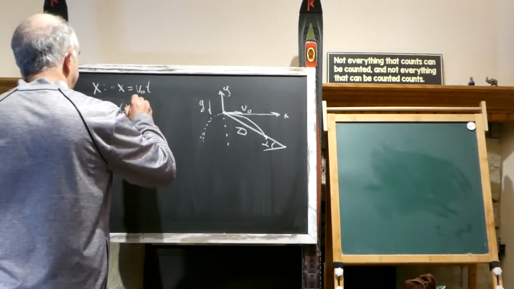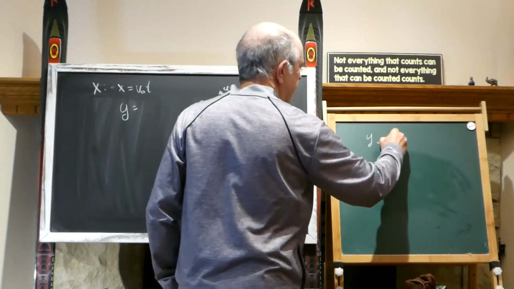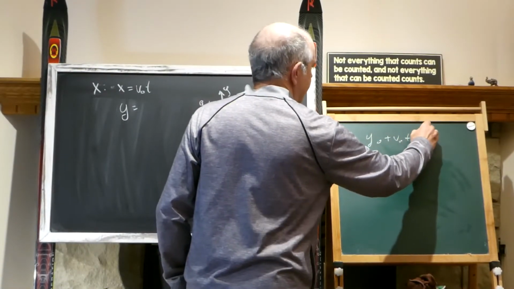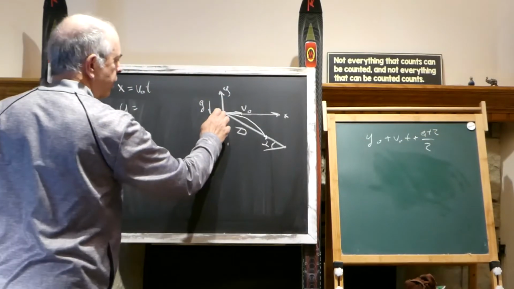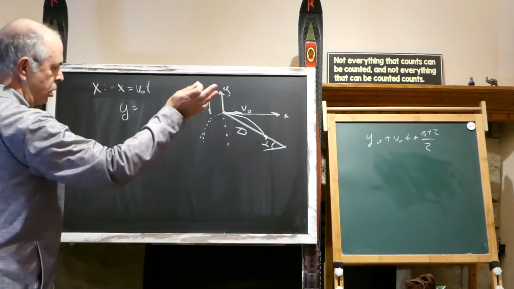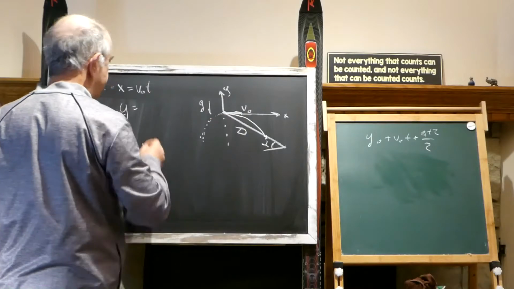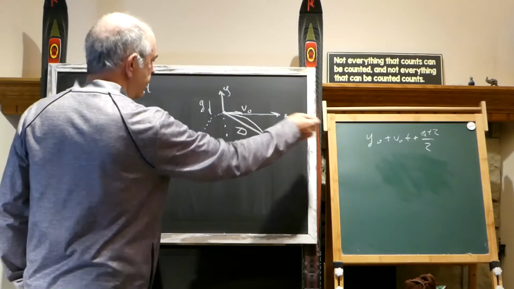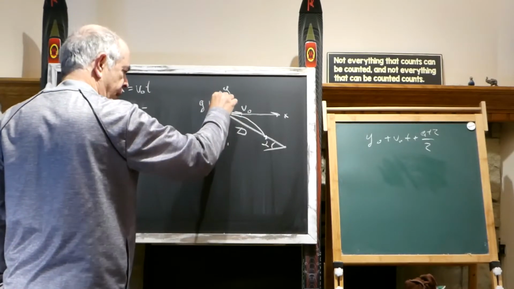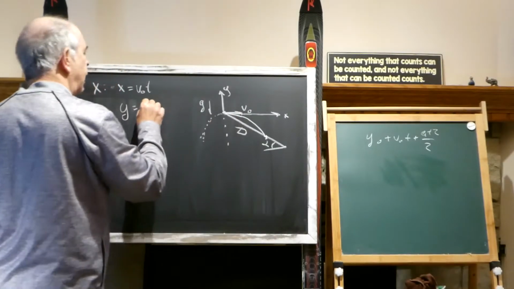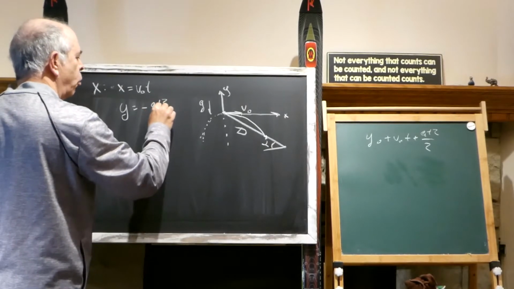What happens with y? Our formula, of course, is y0 plus v0t plus at squared over 2, and we have to operate this. y0 is 0 because we're starting here, so it's not there. Initial speed in this direction is 0, it's free fall. And the acceleration, with axis y directed up, would be minus gt squared over 2.